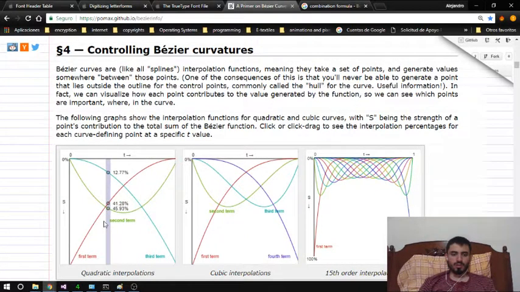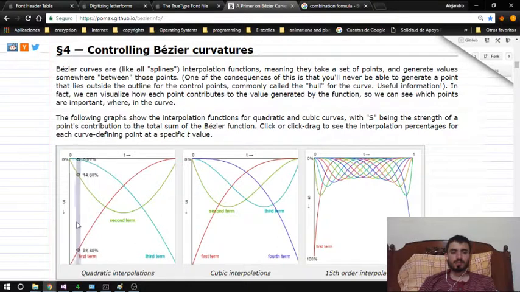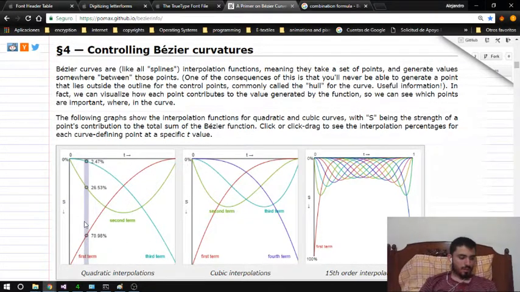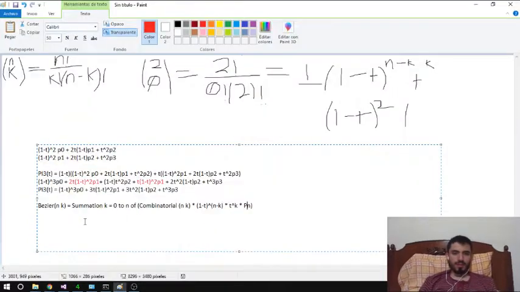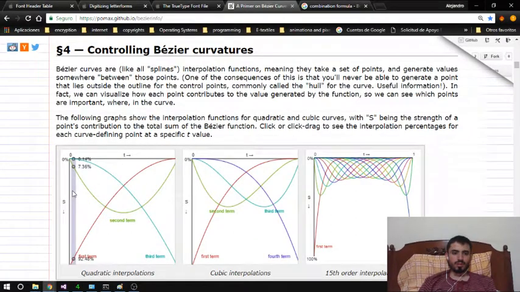So this is a quadratic which just has three terms. The first term is a quadratic term, and if we see back, it's (1 minus t) squared.